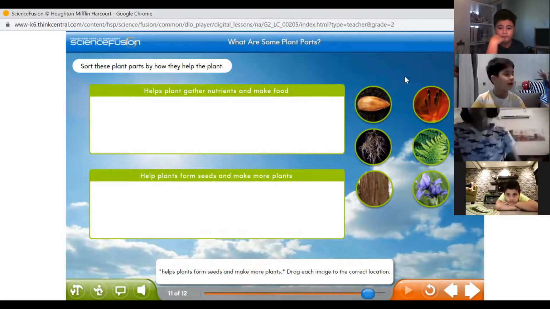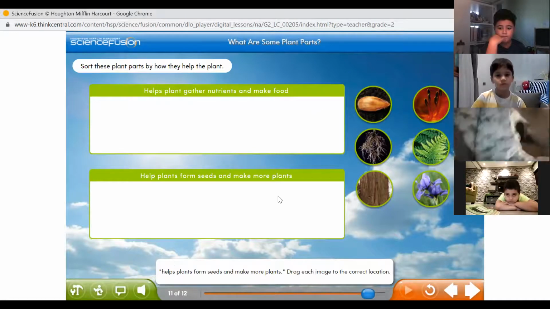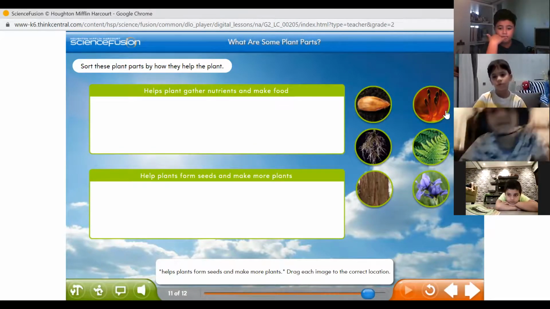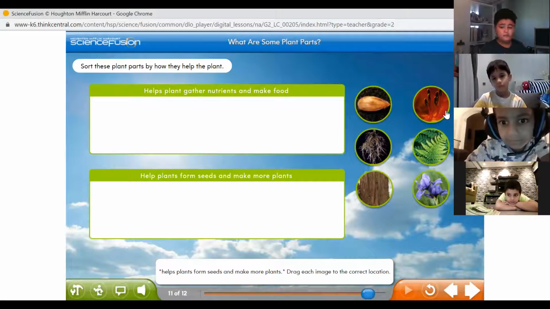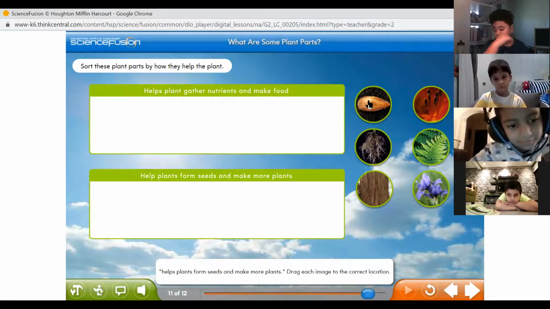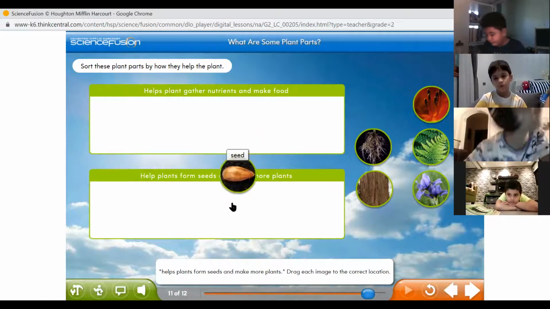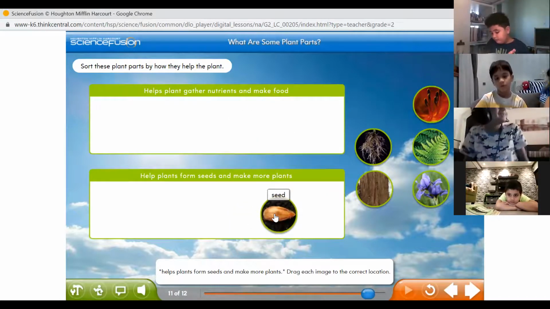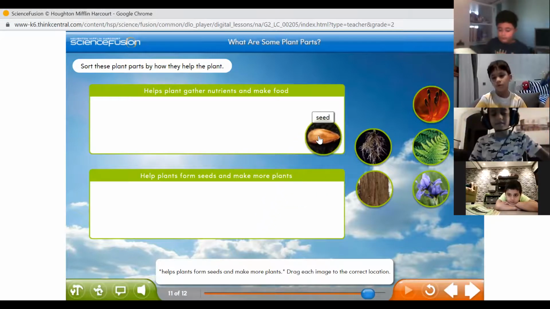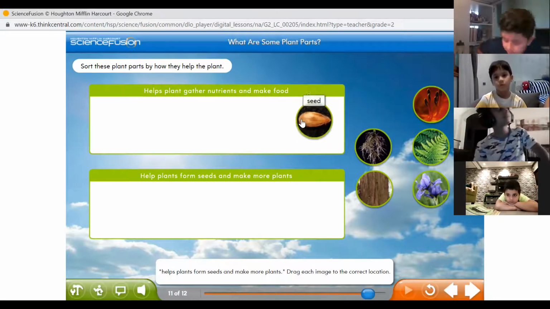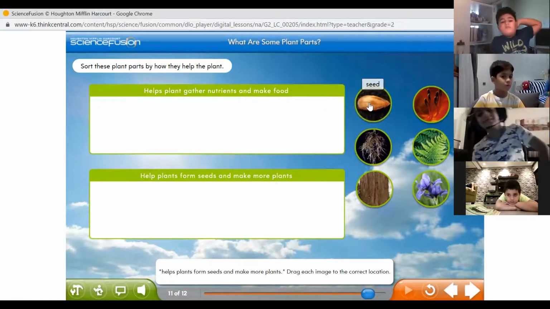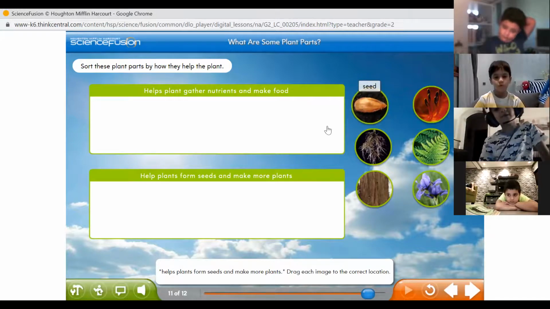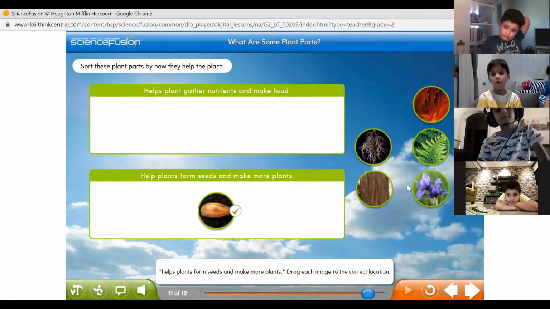The seed will make more plants. Good job.